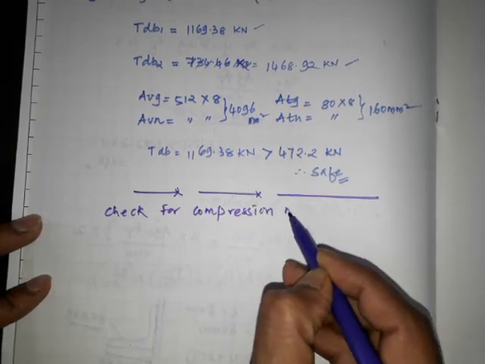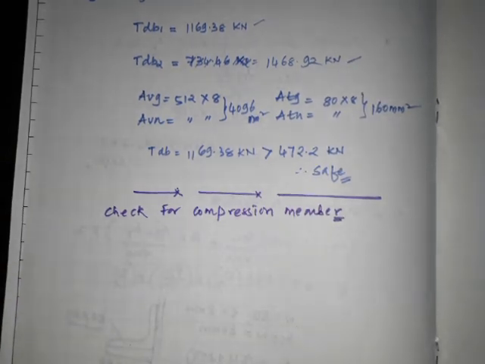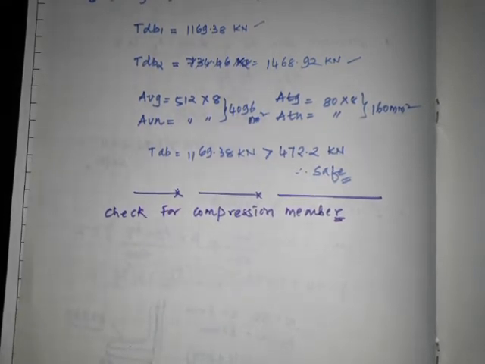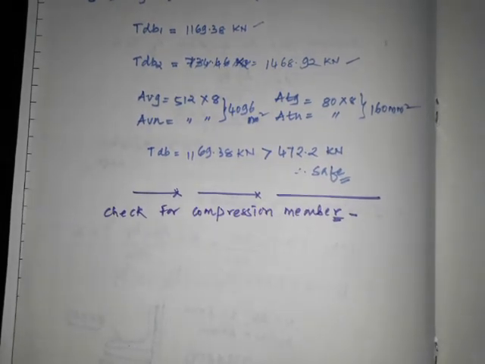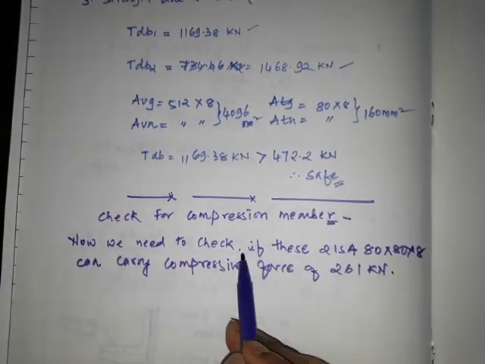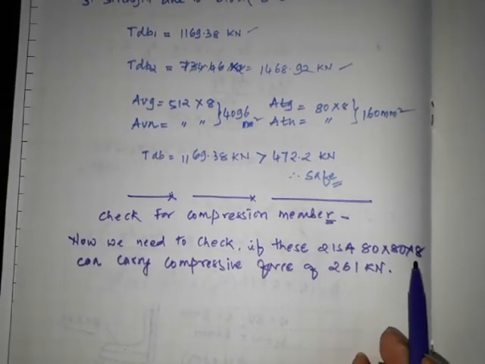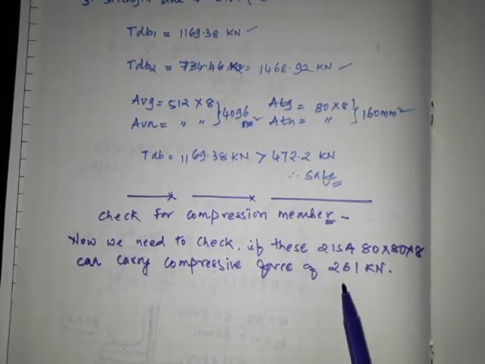This thing I have already discussed in problem number 1, so I'll just repeat these steps for the reference of design of compression member. Now we need to check if these two ISA 80 by 80 by 8 can carry a compressive force of 261 kilonewton.